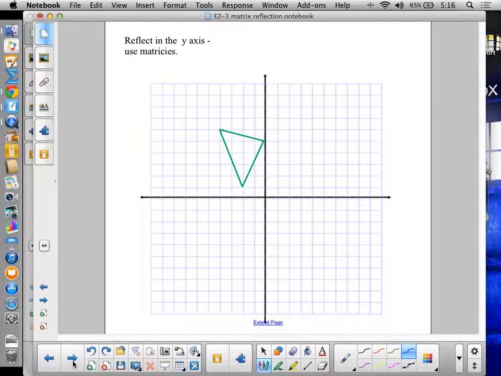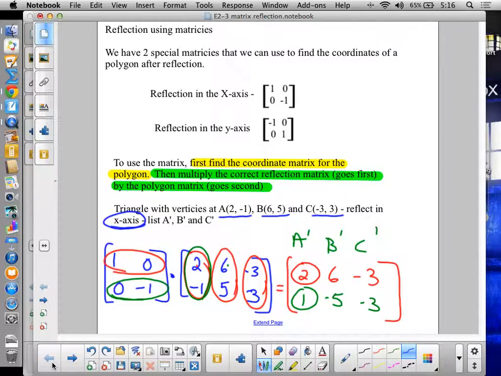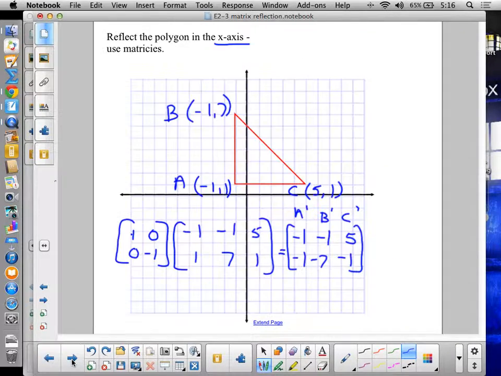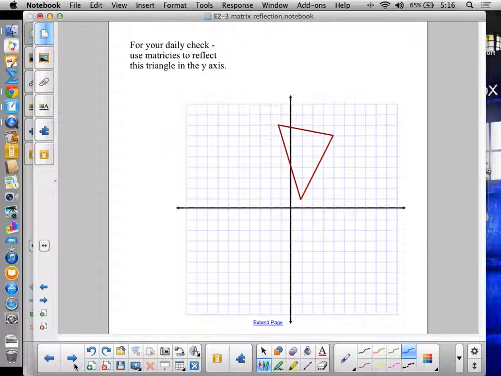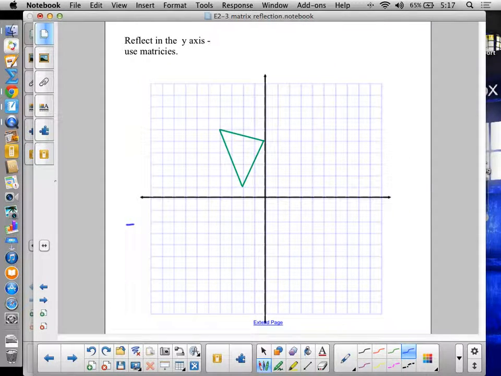Reflecting in the y-axis using matrices. Okay? So we're going to use the other reflection matrix now, negative 1, 0, 0, 1. So negative 1, 0, 0, 1 is my matrix.